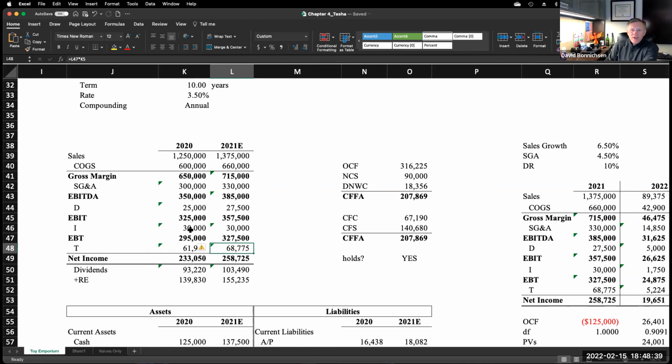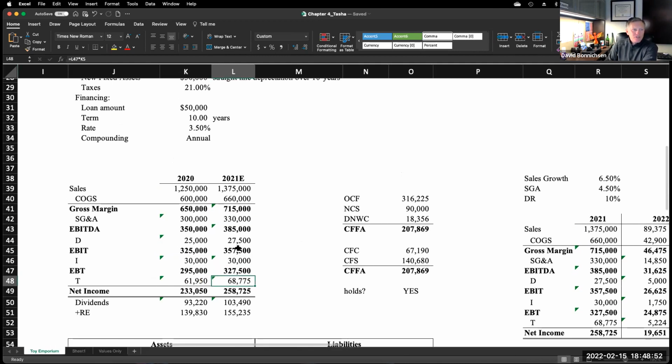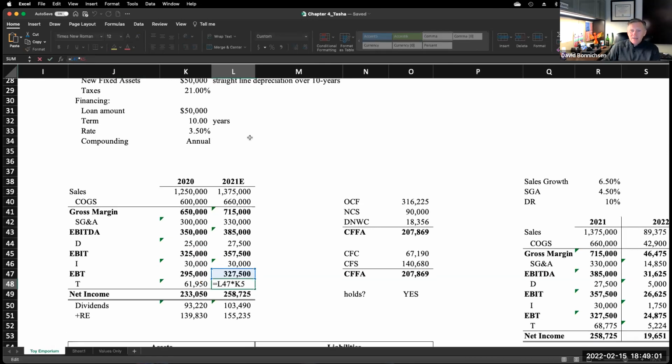The reason why is because you kept interest constant, right? You grew everything above it, but interest remained the same. And therefore you can't grow the tax by 5%. You have to use the tax rate itself. So do the actual formula: tax rate times EBT.